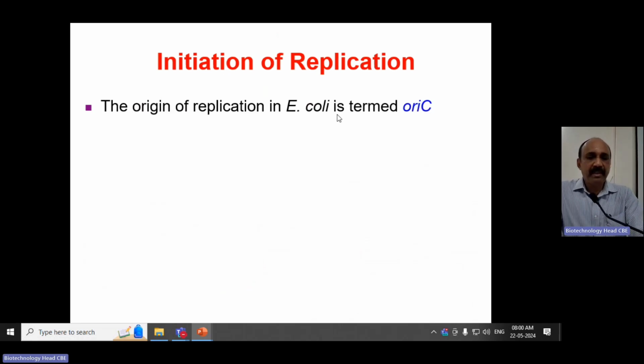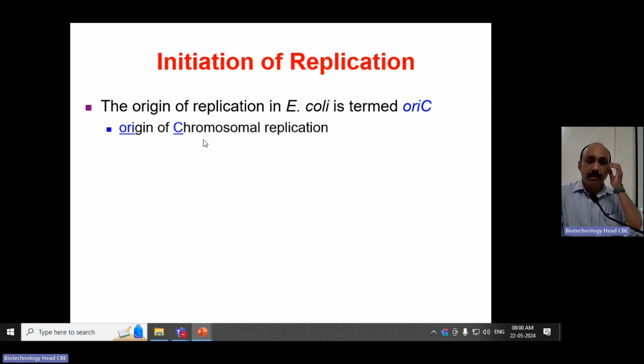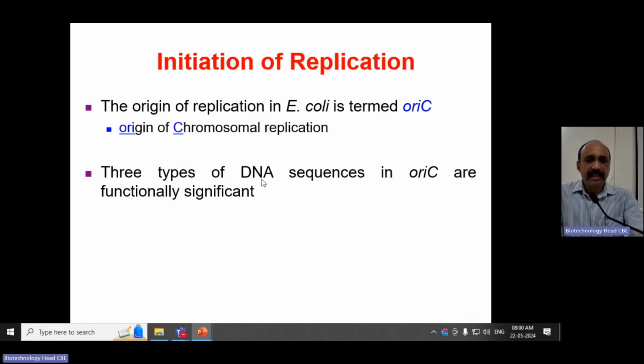Now, the initiation of replication in bacteria. The origin of replication in E. coli is termed ORI-C, the origin of chromosomal replication. It mostly consists of DNA sequences, three types of them, called consensus sequences. We will see this later on.